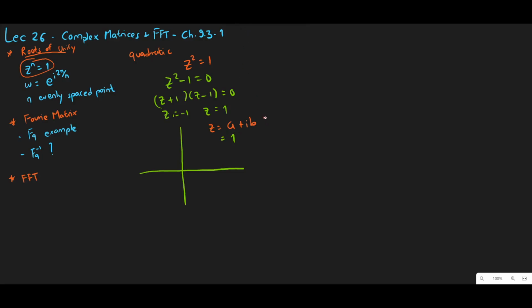And z is also equal to r e to the theta i, and this will equal 1, which is r, the modulus, times e to the 0. So we don't have anything that contributes to the imaginary part here.